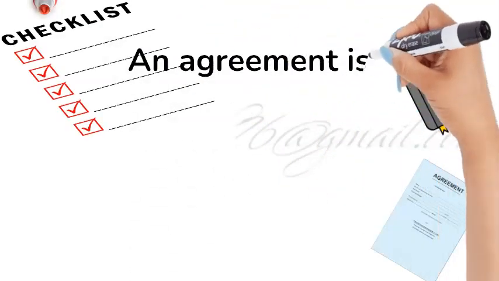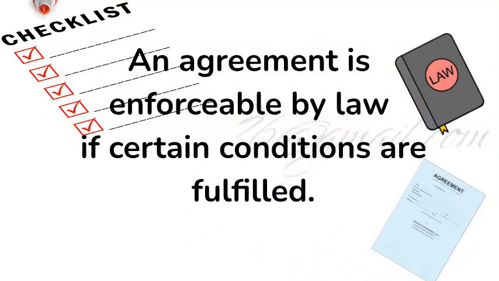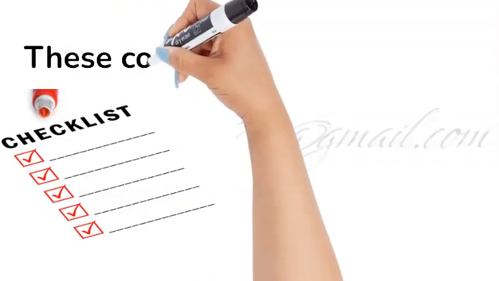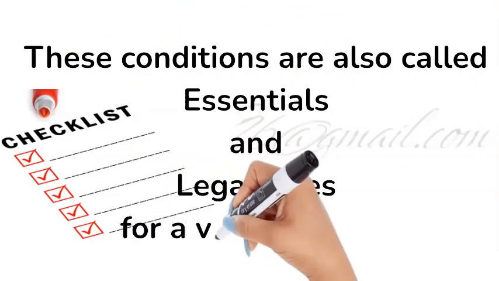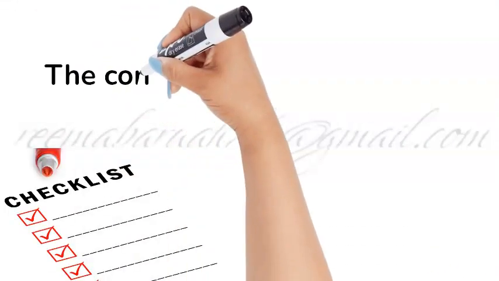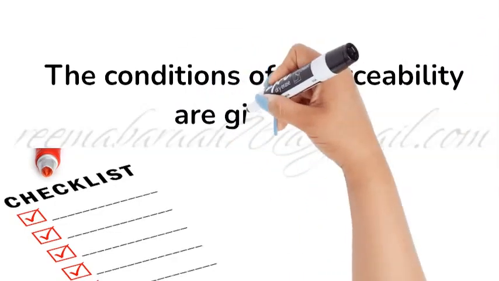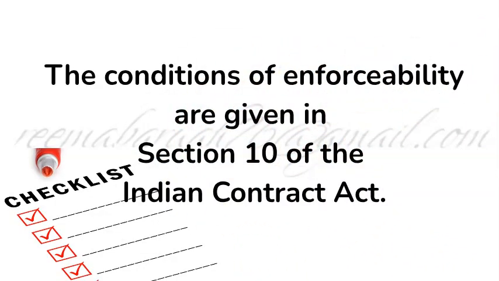An agreement is enforceable by law if certain conditions are fulfilled. These conditions are also called essentials and legal rules for a valid contract. The conditions of enforceability are given in Section 10 of the Indian Contract Act.